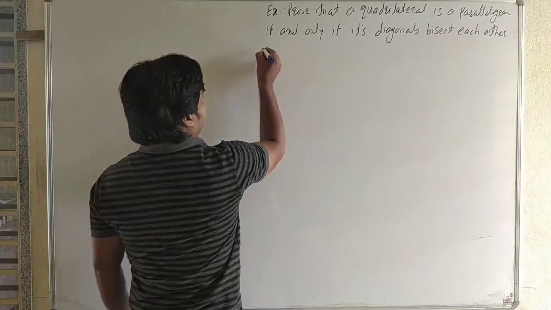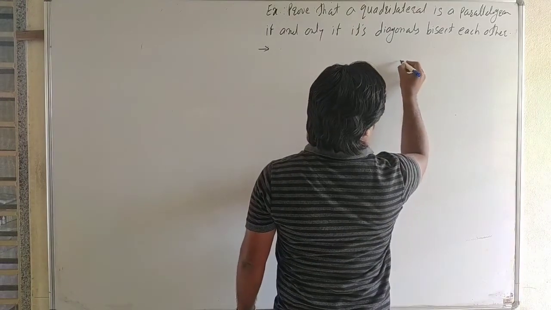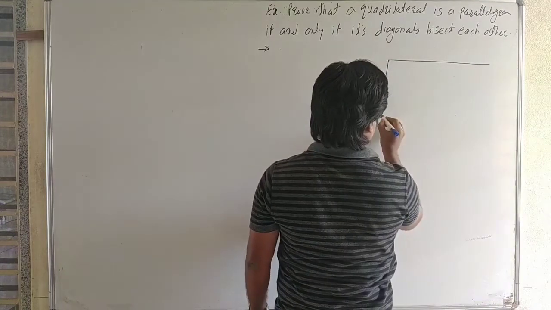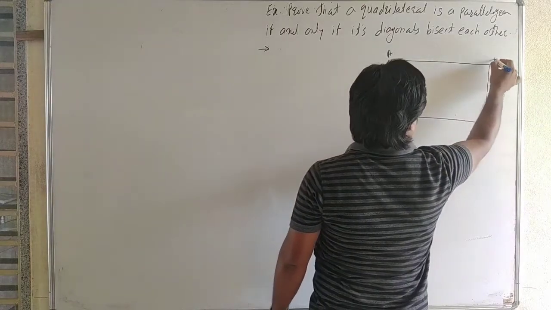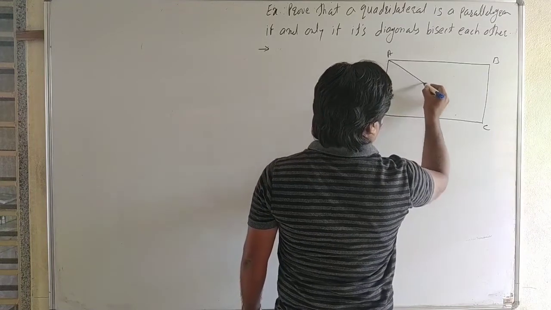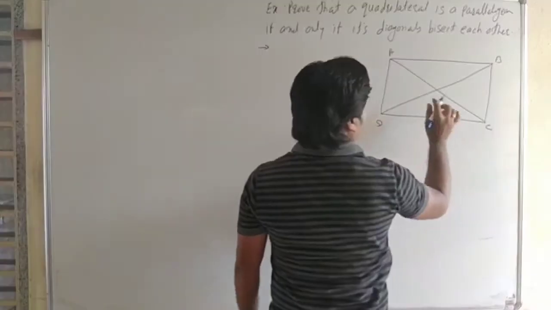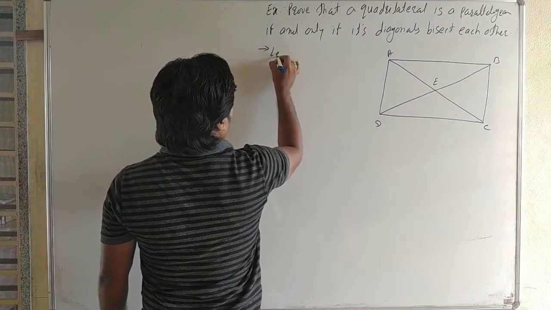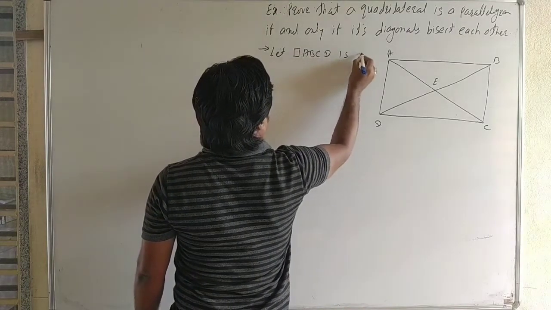Here first we consider a parallelogram ABCD. Then AC and BD are the diagonals which intersect at E. Here let quadrilateral ABCD be a parallelogram.